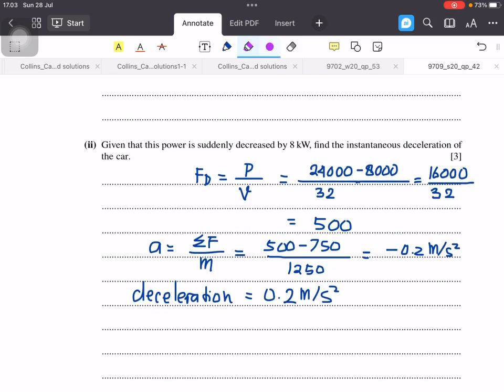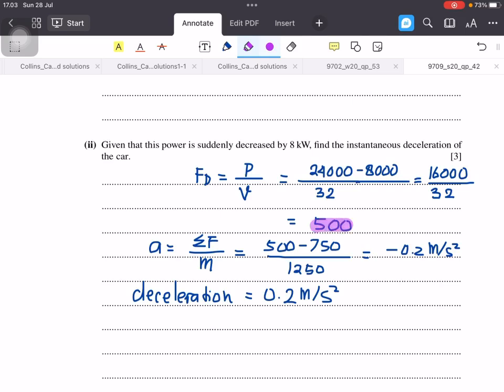Given that this power is suddenly decreased by 8 kilowatt, find the instantaneous deceleration of the car. So the power is now 24,000 minus 8,000, since it is decreased by 8 kilowatt.